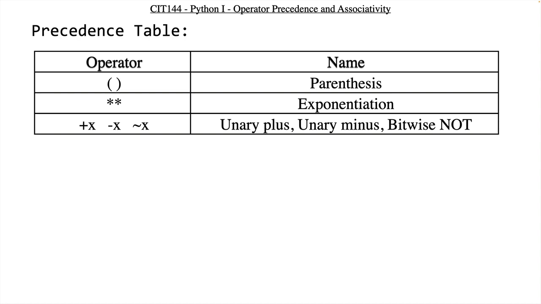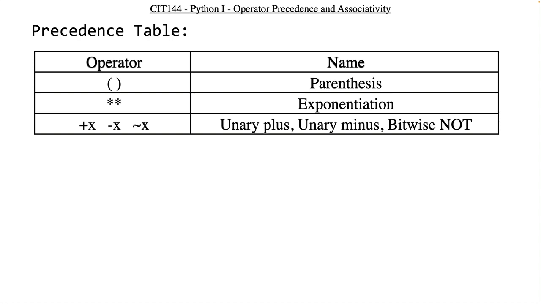Next, we have some operators that I think are not quite as heavily used: the unary plus, the unary minus, and bitwise not. The unary plus would be like if you were writing 5 plus 3, and you put plus 5 plus 3. Putting a plus sign in front of a number obviously wouldn't be required and is extra typing.